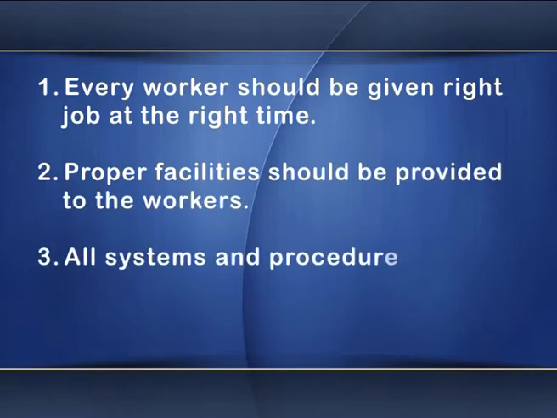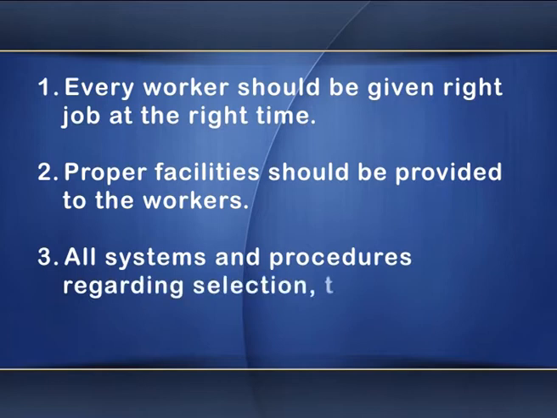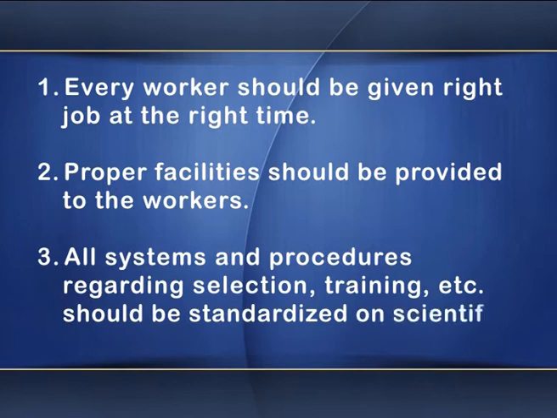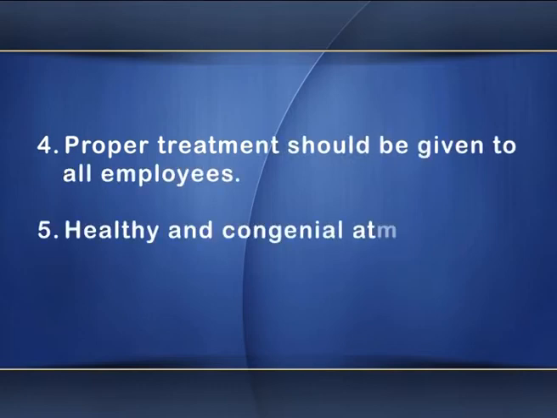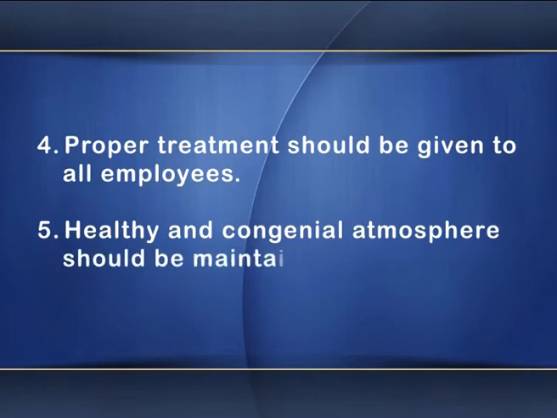Number 3, all systems and procedures regarding selection, training, etc. should be standardized on scientific lines. Number 4, proper treatment should be given to all employees. Number 5, healthy and a congenial atmosphere should be maintained in the factory.